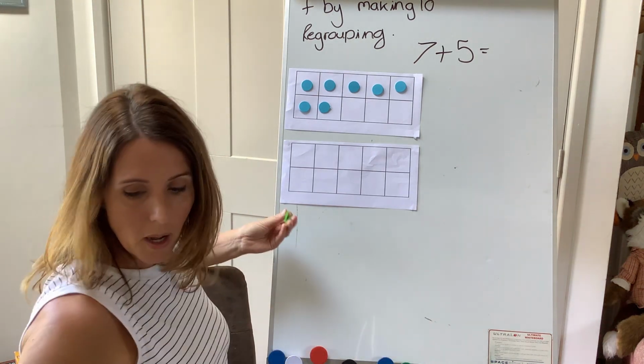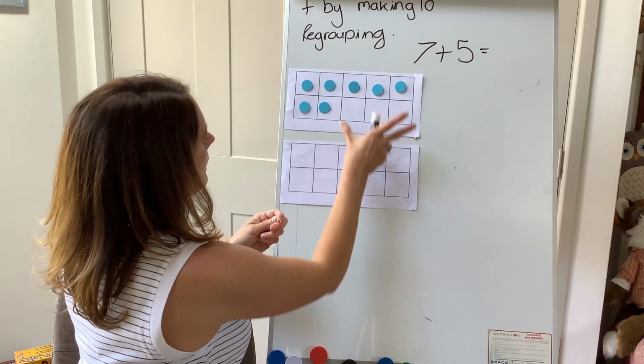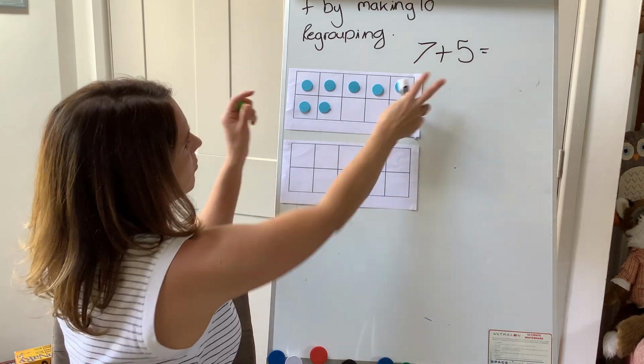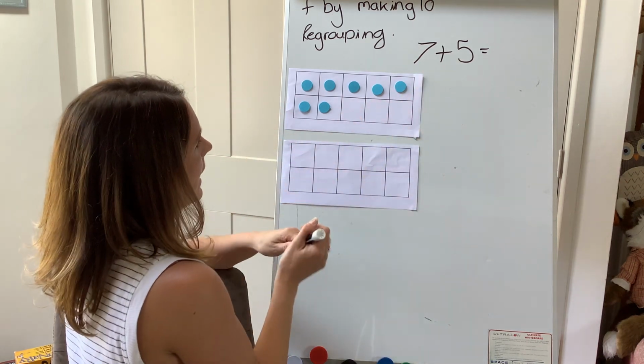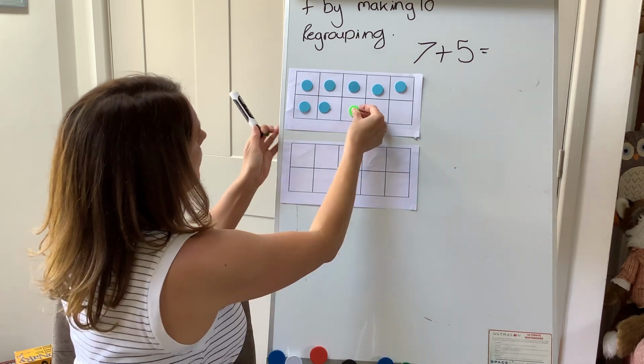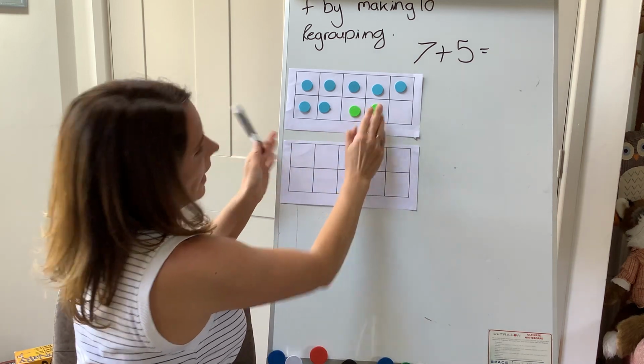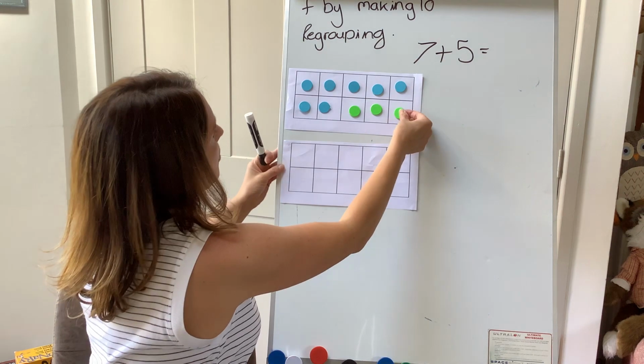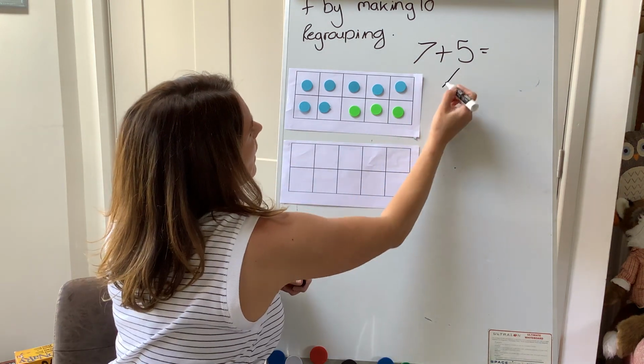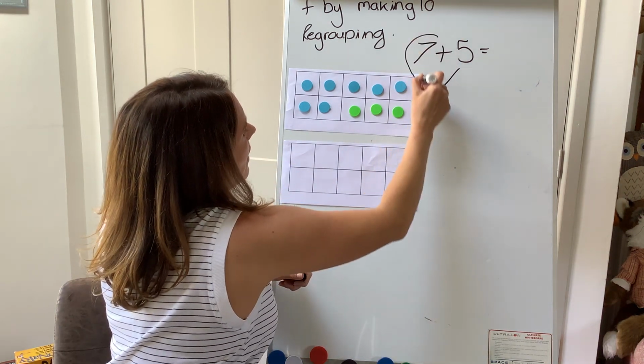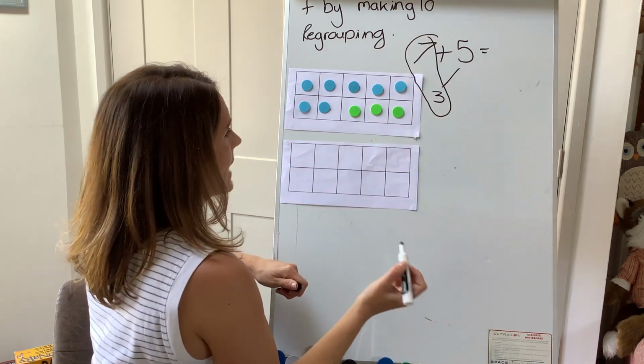So I'm going to partition the 5 because I'm going to make it up to 10 first. I'm going to regroup this number to make it into 10. So I've got 3 spaces there. So what I'm going to do with 5 is break it up, partition it into 3, because 7 and 3 make 10.